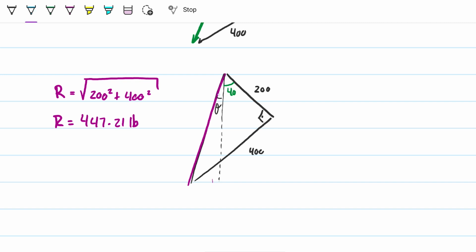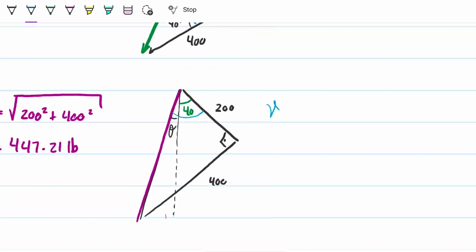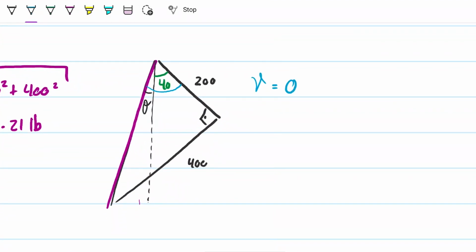And therefore, this blue angle here, which I've called gamma, is going to be my theta plus the 40 degrees, right? So I can exploit the triangle that I've created to be able to find gamma. With gamma, I can go ahead and find theta. With theta, I can decompose the forces and find my answers, right?